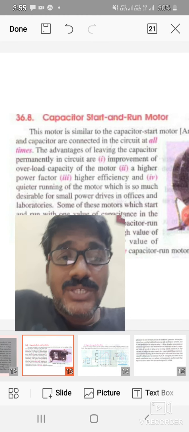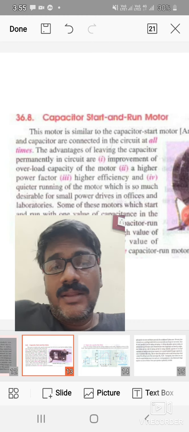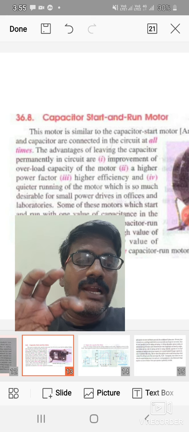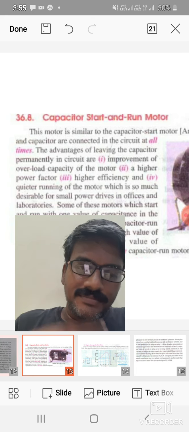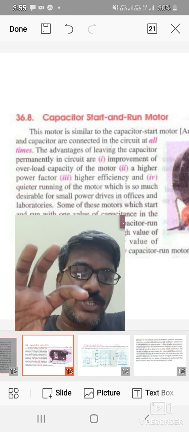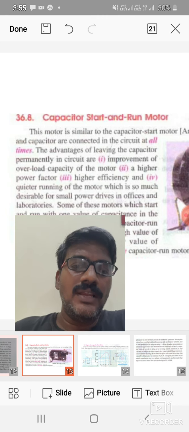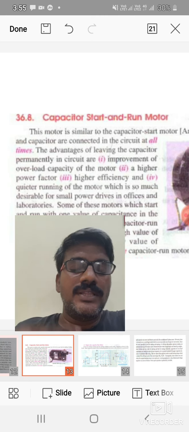Why? Because in this capacitor start run motor, we continuously get a rotating magnetic field, right? In the capacitor start motor or resistive type, only at starting we get that rotating magnetic field. It will rotate the rotor.